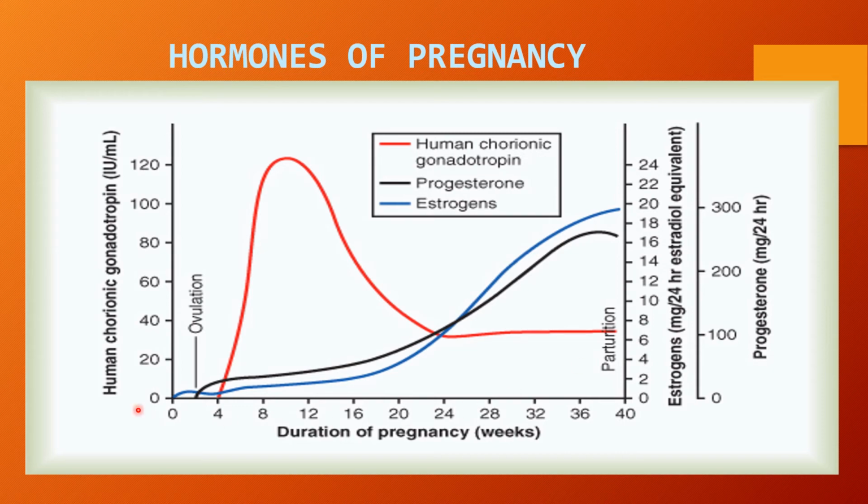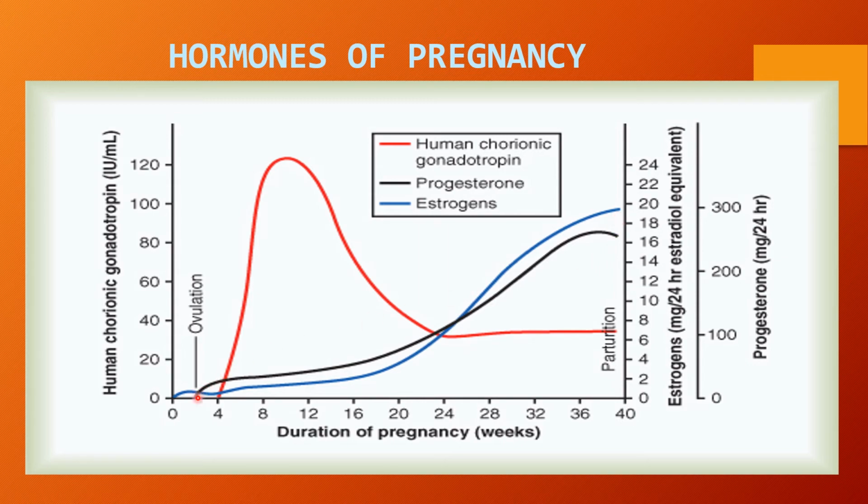While the estrogen, colored blue, after ovulation steadily increases, significantly increases at the 24th week of gestation, and continues to increase even after parturition.